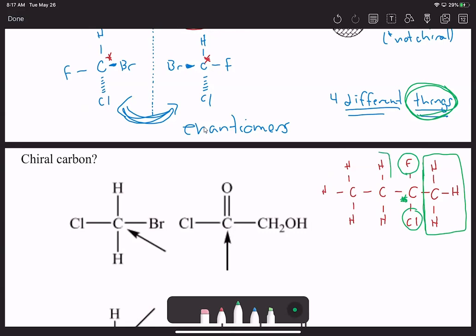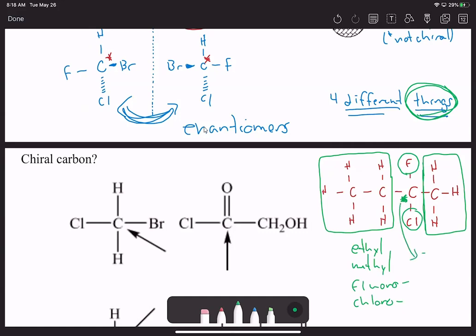And then if I take a look over here, I'm going to look at all of this. That entire thing, that ethyl, is attached to this carbon. So I have ethyl, methyl, fluorine, chlorine, all attached to that carbon, and this carbon is chiral because I have 4 different things attached to it.